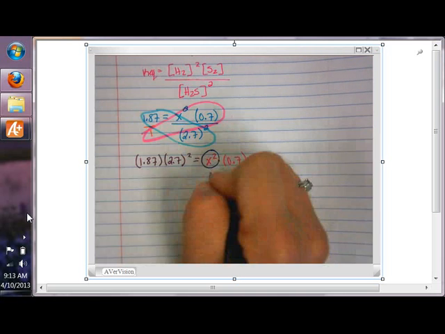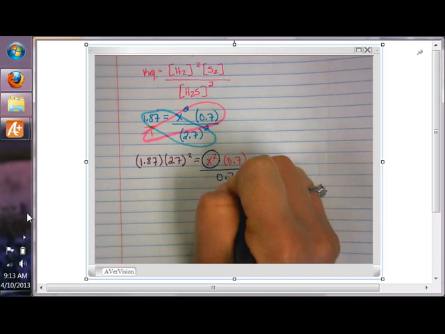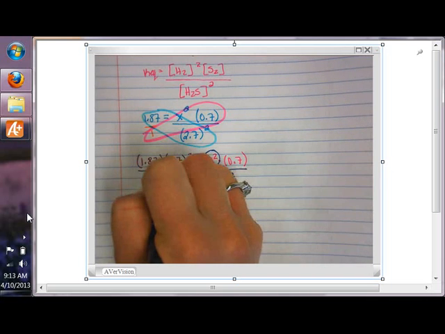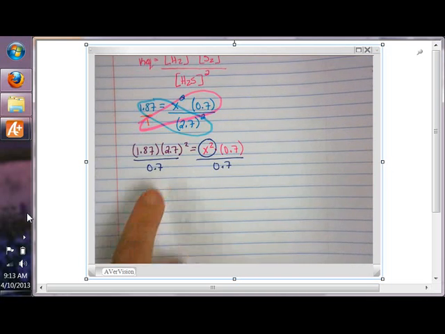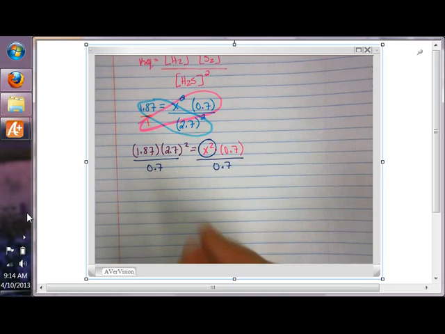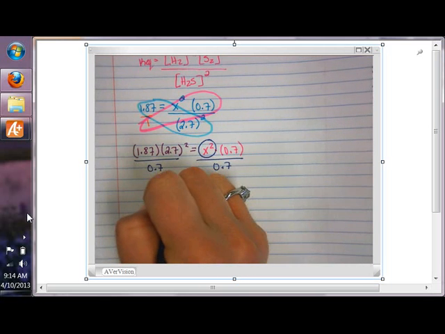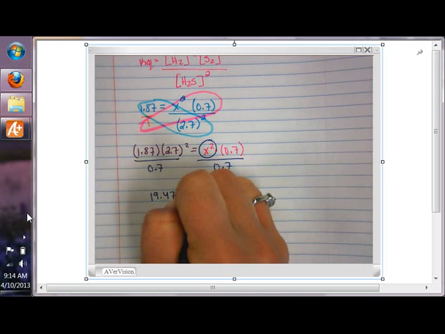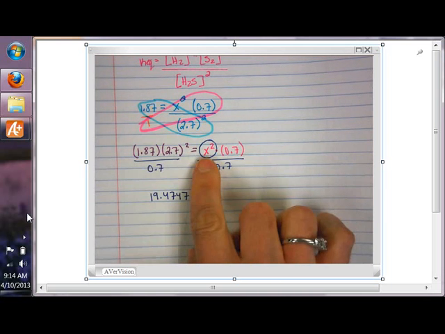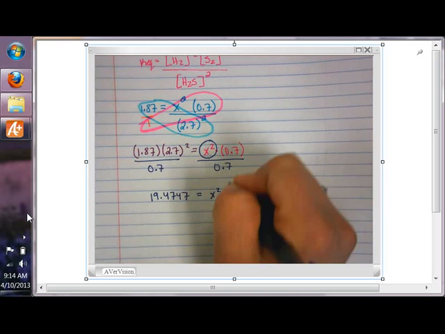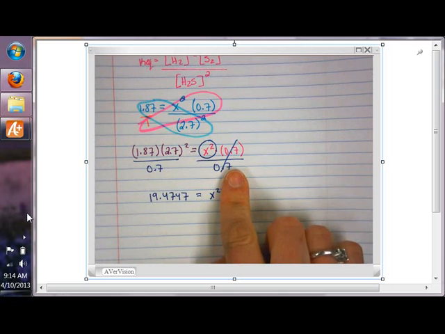So that means I'm going to divide each side by 0.7. And when you type all of this into your calculator, it spits out 19.4747 equals X squared. So we got rid of the 0.7.